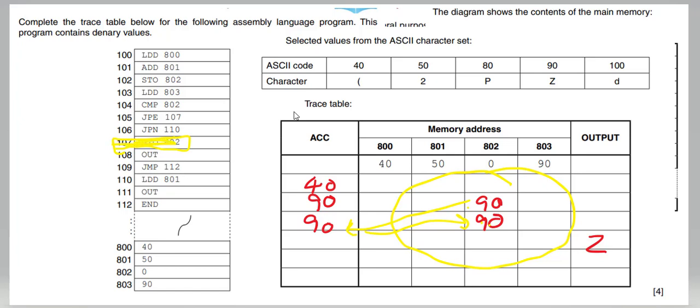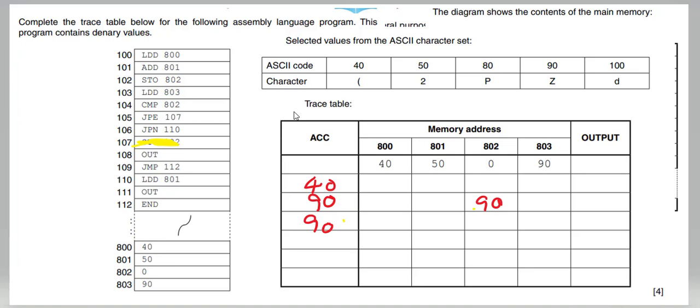If we took this out, so let's imagine, let's just undo some things. Let's imagine that we didn't have this bit. So we compare right here. We compare here, sorry, 802 with whatever's in the accumulator.